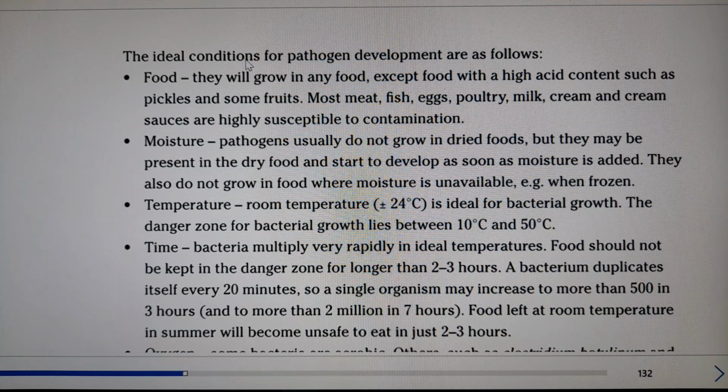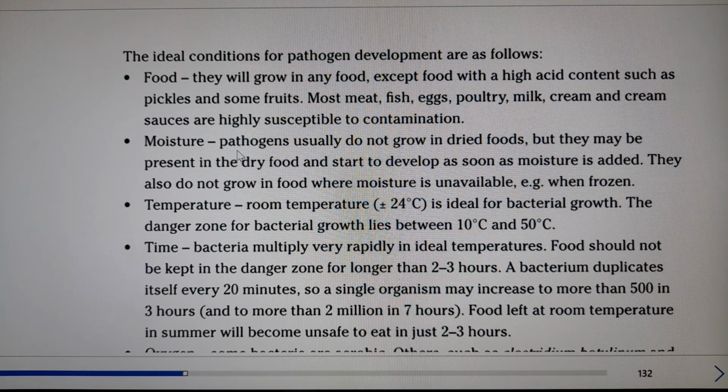So the ideal conditions for pathogens development are as follows. In food, they will grow in any food except food with high acid content, such as pickles and some fruits. Meat, fish, eggs, poultry, milk, cream, and cream sauces are highly susceptible to contamination.